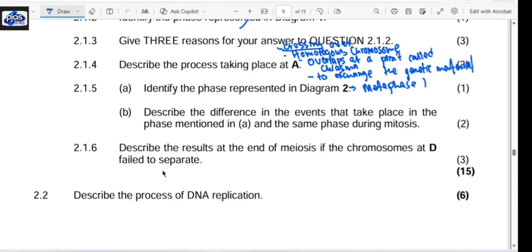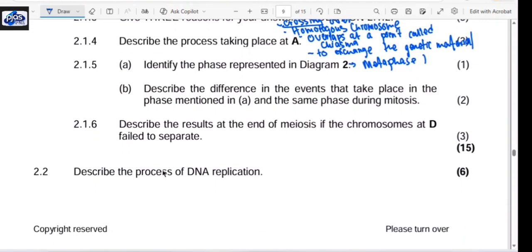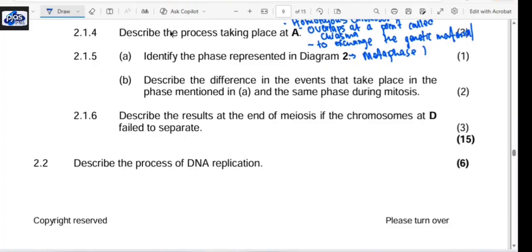This question is the same question whereby they say give the differences between metaphase 1 and metaphase 2. The same phase during mitosis will be what? Metaphase 2. So here we are going to give the differences between metaphase 1 and metaphase 2.